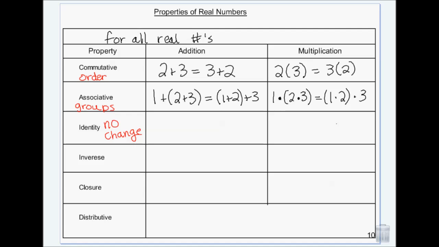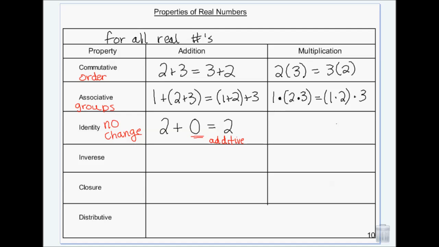If we're talking adding, what can I add to a number that won't change anything? 0. Okay, 0 is known as the additive identity. It's the additive identity because it didn't change anything.